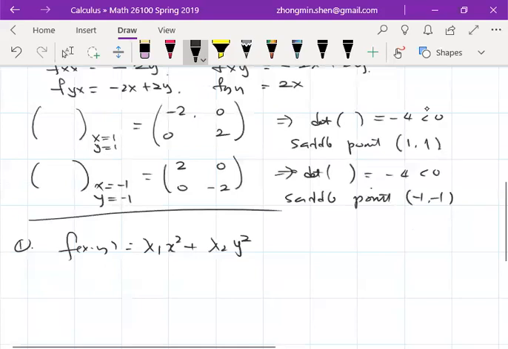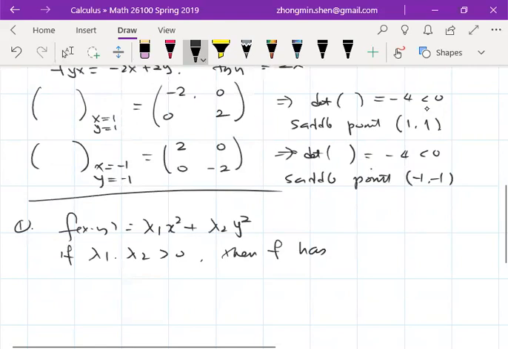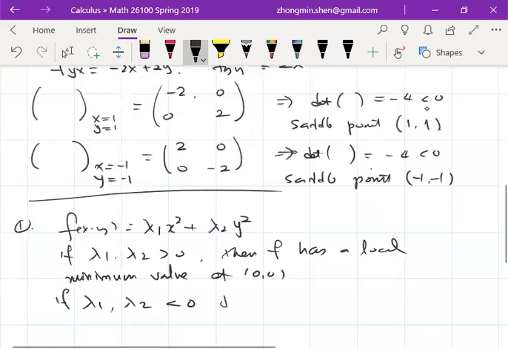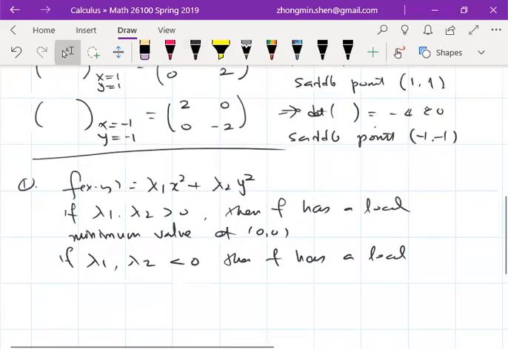So this is the simplest case, and clearly, if λ1 and λ2 both are positive, then f has a local minimum value at the origin. So if λ1, λ2 are both negative, then f has a local maximum value because it's a parabola that opens downward.